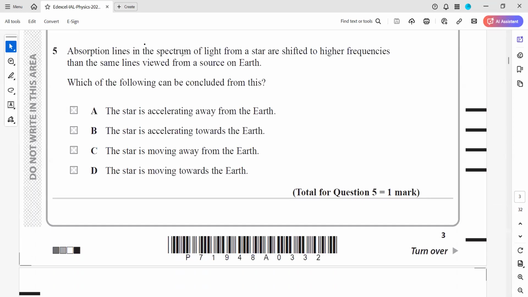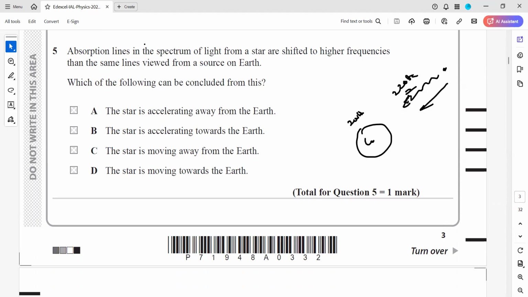The absorption line spectrum of light from a star is shifted to a higher frequency. So we are observing a star and, like in the lab, let's say it should give out a frequency of 200 hertz, but it is giving out more than 200 hertz. So what does this give an indication of? This gives an indication that the star is moving towards us. Which of the following can be concluded?